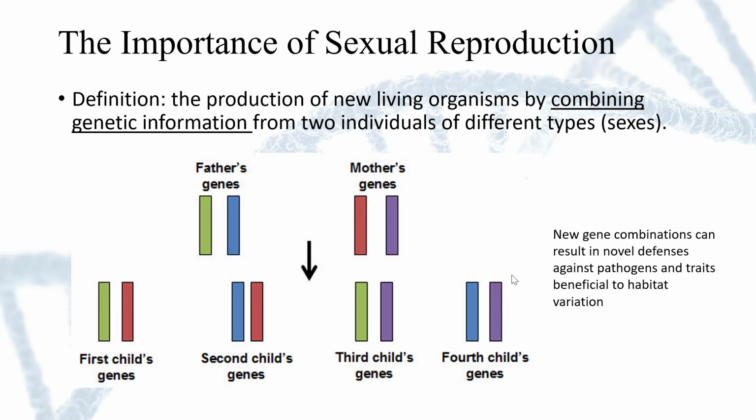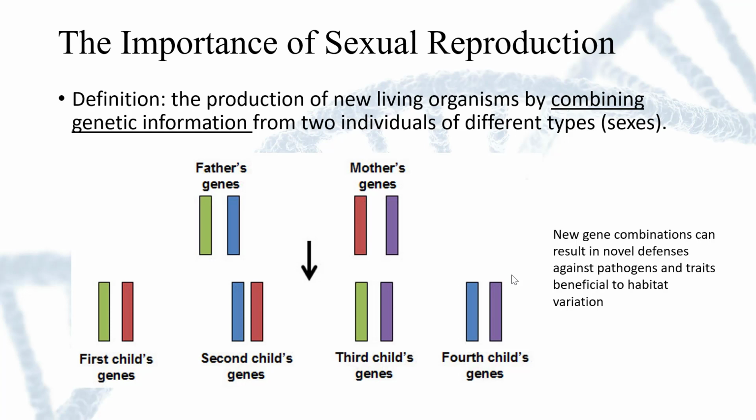Now, the actual evolution of sexual reproduction is really interesting, right? If you think about life as having a goal or purpose of reproducing, there are a lot of costs associated with sexual reproduction.